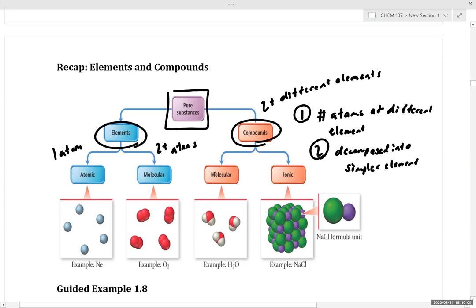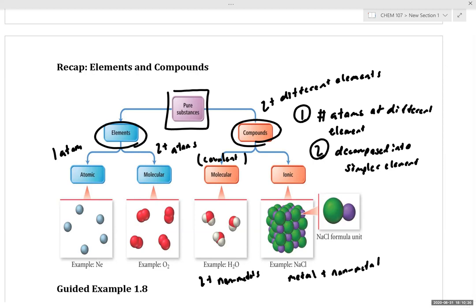Compounds can be either molecular, in other words covalent, or ionic. And the key deciding factor is that molecular compounds have two or more nonmetals, while ionic compounds contain a metal plus a nonmetal. So this is just a nice little summary to help you remember our rules for classifying substances.